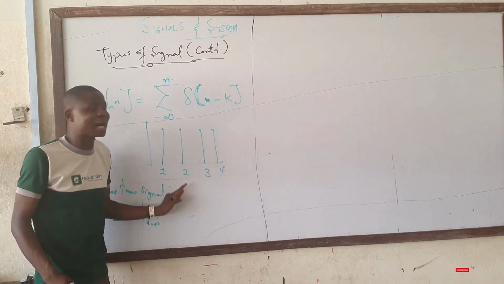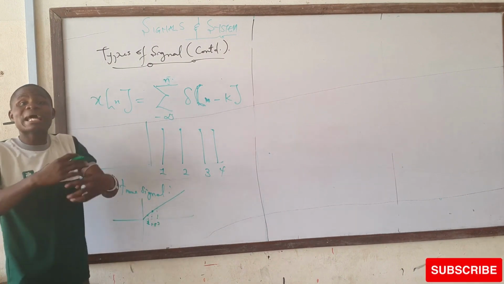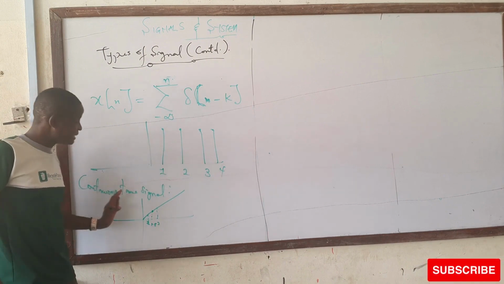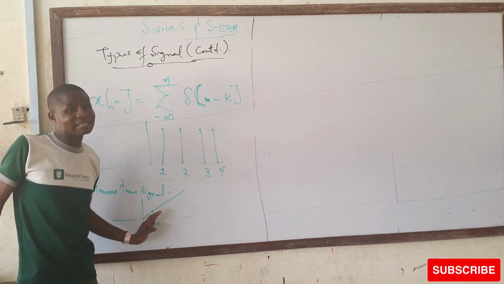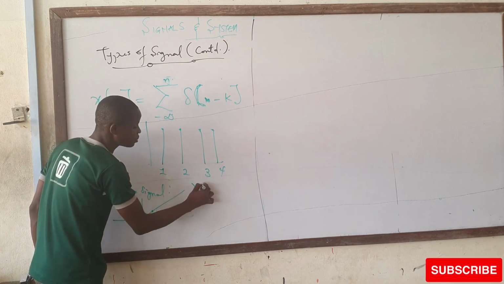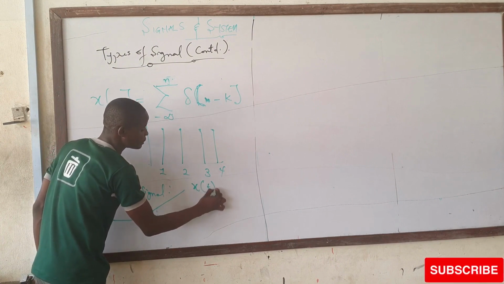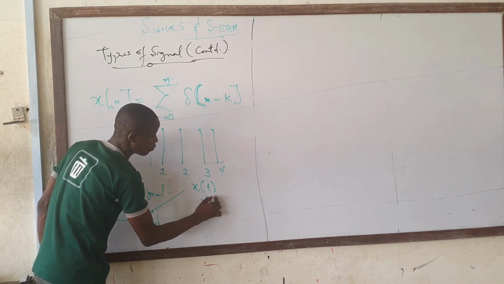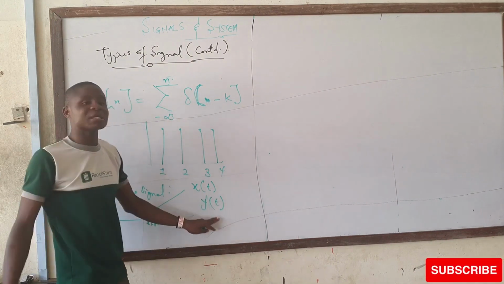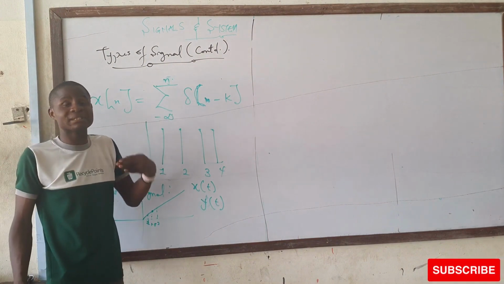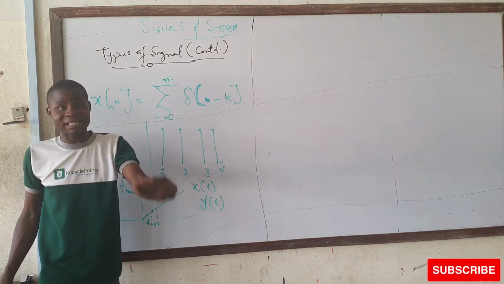There is always a value at each time, so it can take on any range of values at any time interval. That is why it is called a continuous time signal. It is often represented as x of t, or y of t. It is always a function of time, while the discrete one is a function of n, because that n defines the steps.